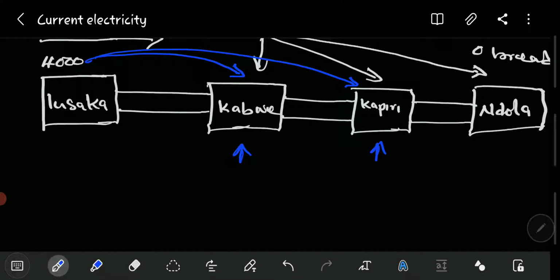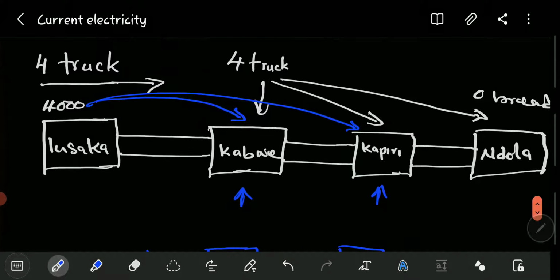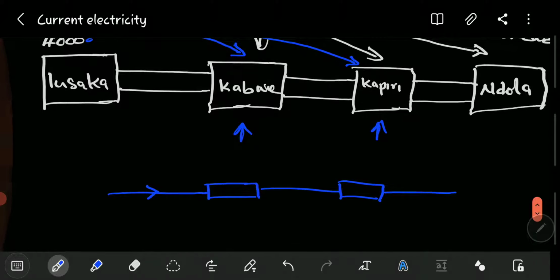Now let's take it as if we have 2 resistors. So the market is the resistors. Imagine we have 2 resistors with the same path. Whatever is carrying the loaves, we'll take it as current. So we'll take the trucks to be current.